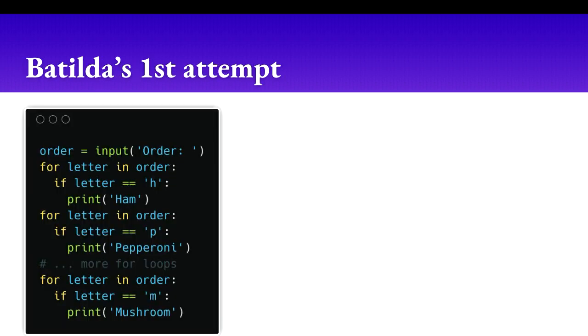So I'd like to have a look at an imaginary student's attempt at this problem. And this is synthesized from me looking at a few different students and how they approached the problem. So this is Batilda's first attempt. Batilda has got a lot of for loops, and each of those for loops checks a single letter.